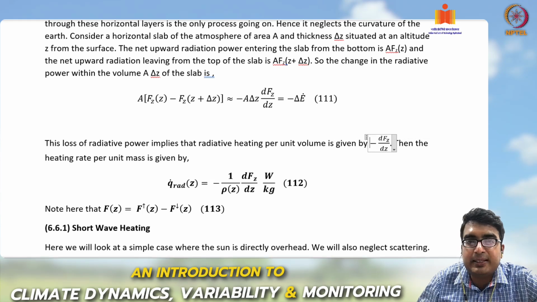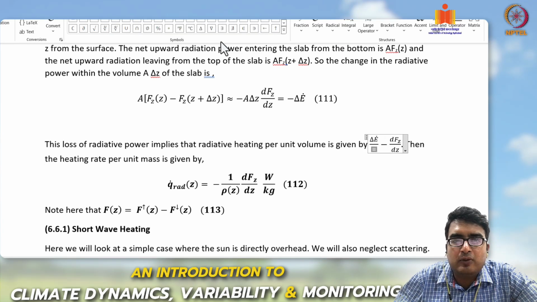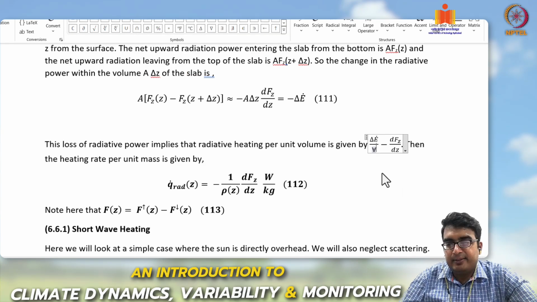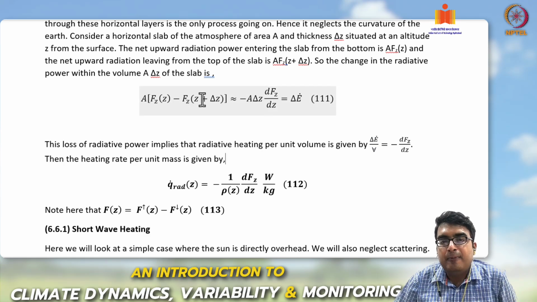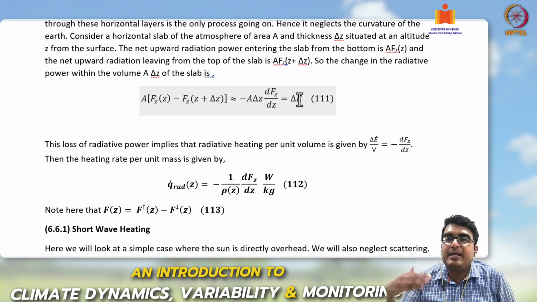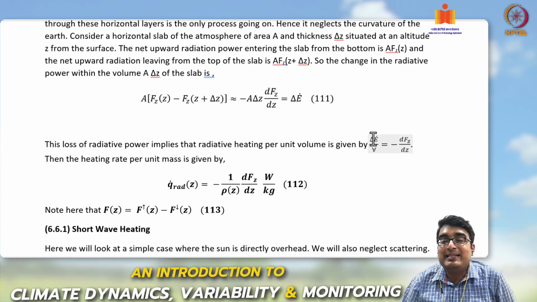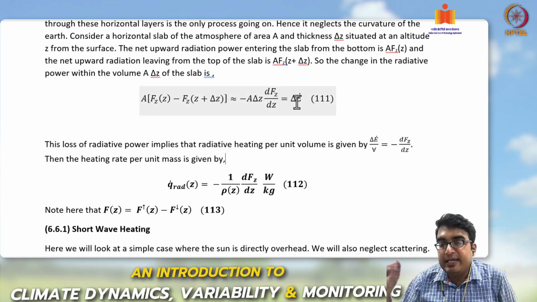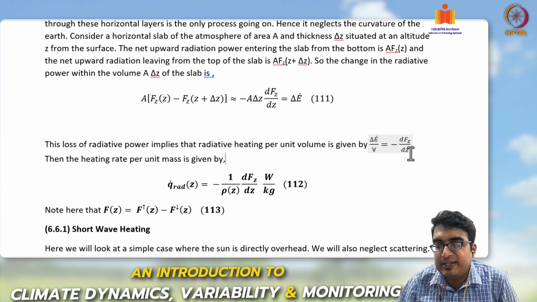So this is basically delta E dot by the total volume V, which equals A delta Z. Coming in minus going out is the net energy into the system. That is why it is delta E dot in. This delta E dot in is the total radiative heating in this volume. So radiative heating per unit volume is delta E dot by A delta Z, which is minus dFz/dz.